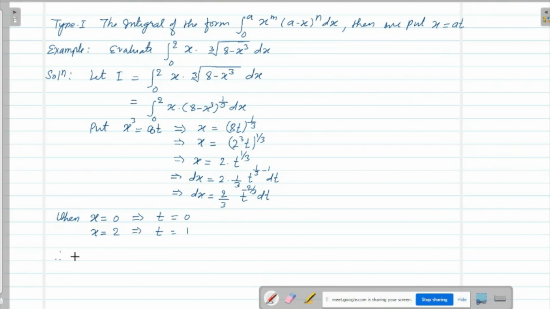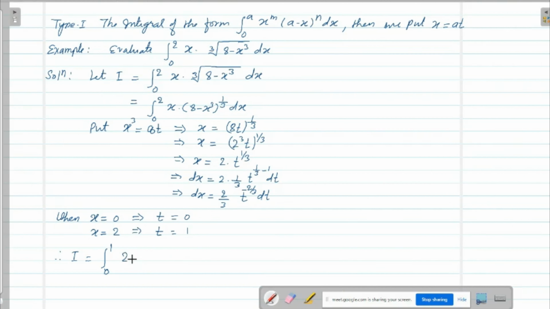So you will get I equal to integration, and the limit changes from 0 to 2 to 0 to 1. Instead of x, we put 2 into t raised to 1 by 3, into 8 minus 8t, the power is 1 by 3.